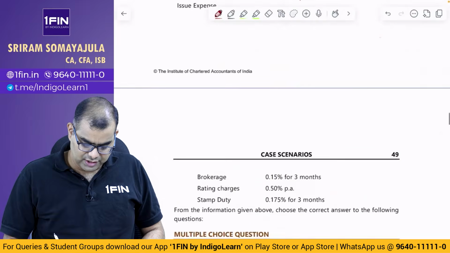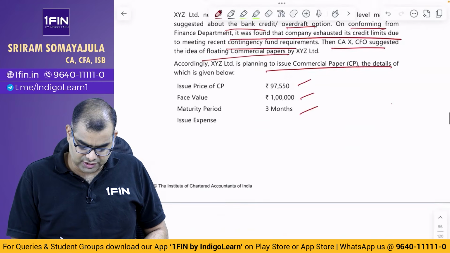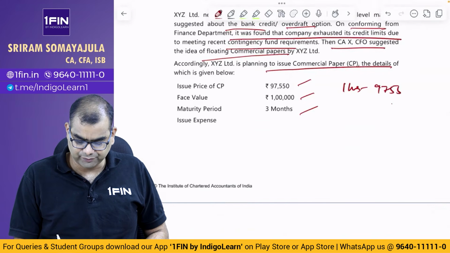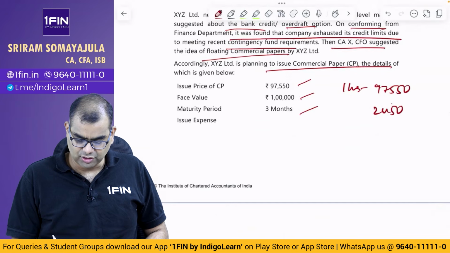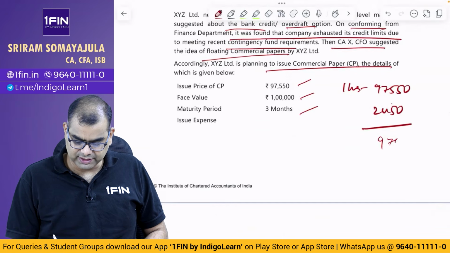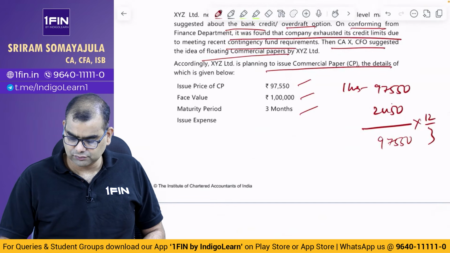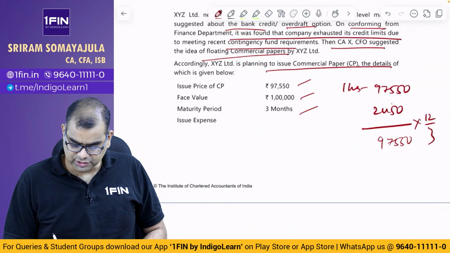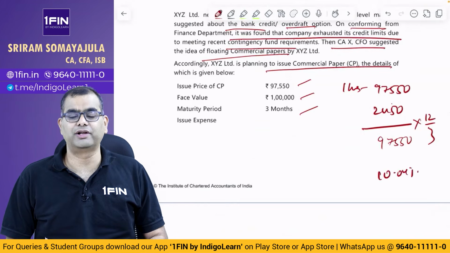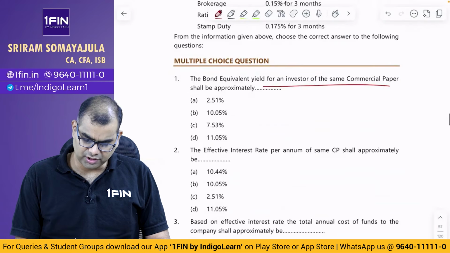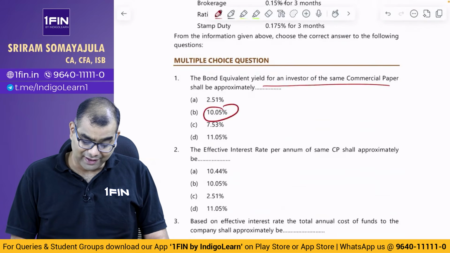So you see, what is the difference here? 1 lakh minus 97,550, which is 2450. 2450 divided by 97,550 into 12 by 3. You get 10.04%. This is the bond equivalent yield. Basically, you are just looking at purely the interest rate. So 10.046, 10.05.